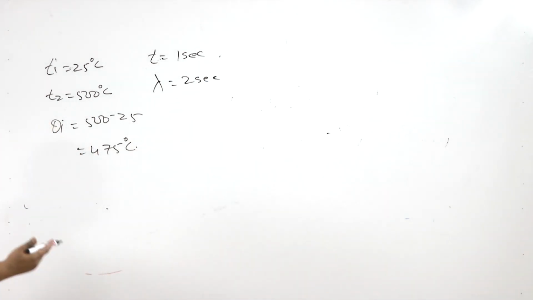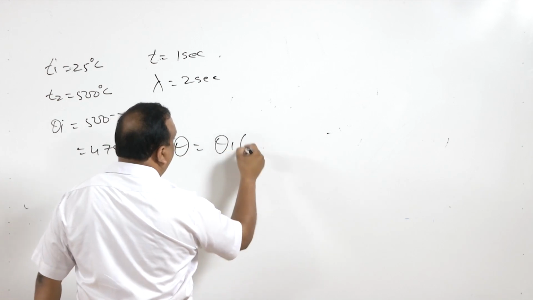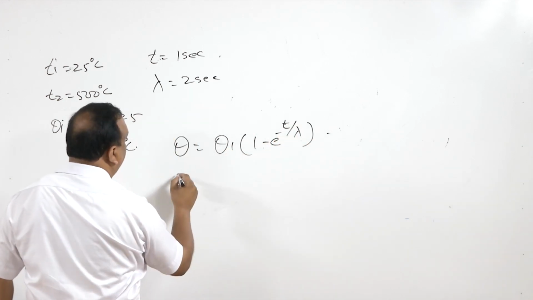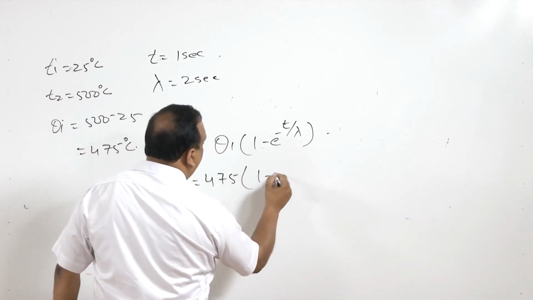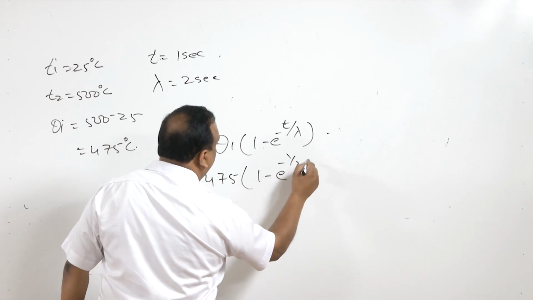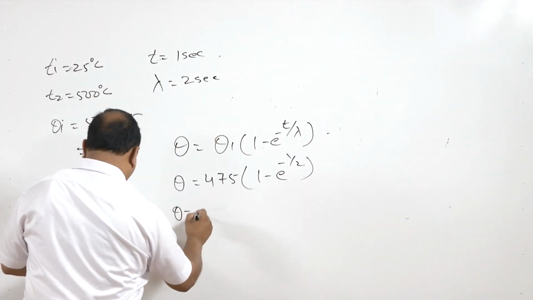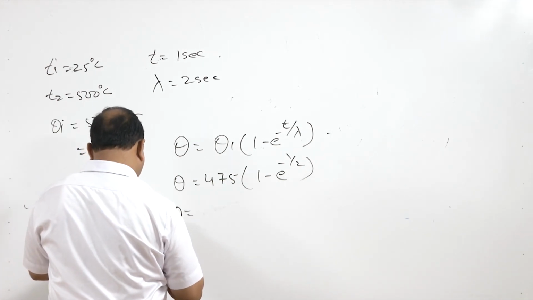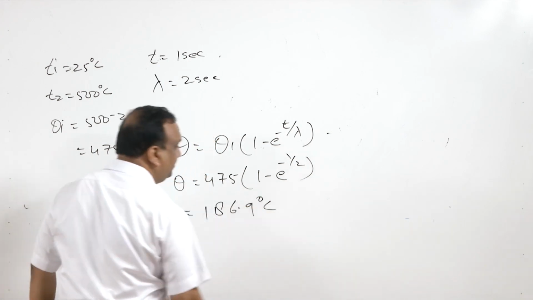Now here we can take theta equal to theta I times 1 minus e raised to power minus t by lambda. Theta I is 475, so 1 minus e raised to power minus 1 by 2. When we solve this, we get the value of theta as 186.9 degrees centigrade.